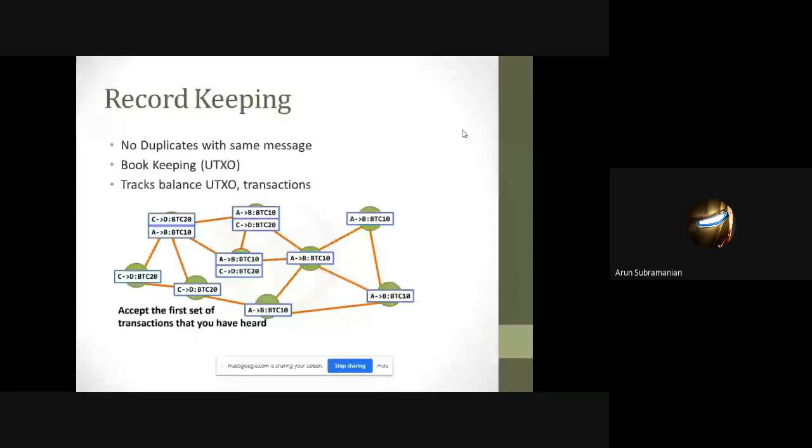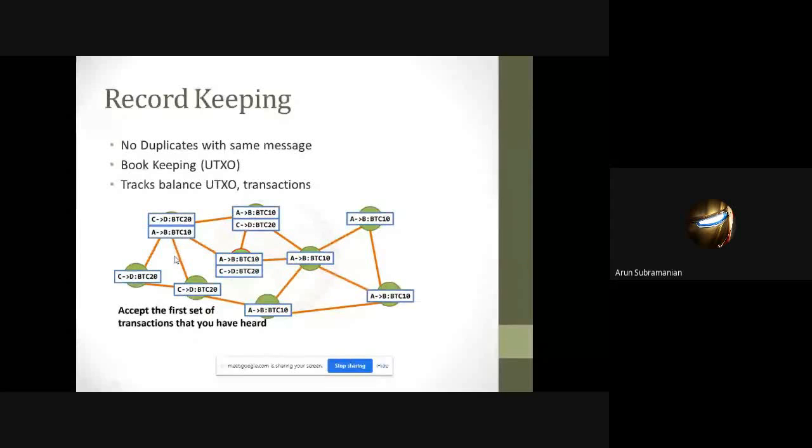Let's say the first node has the transaction A to B. It says I just spent 10 Bitcoins. Once node A transacts the 10 Bitcoins to node B, the transaction is valid if node A has a digital wallet with a list of Bitcoins available inside.